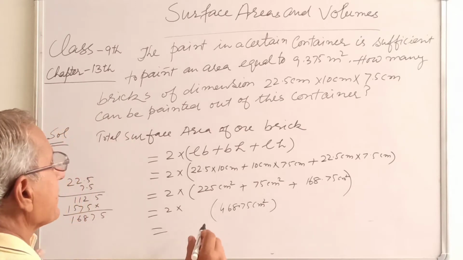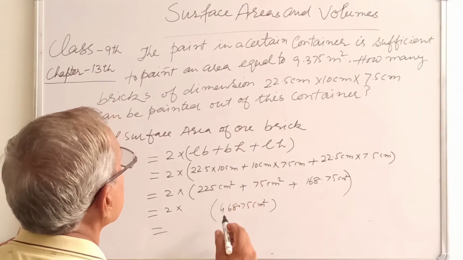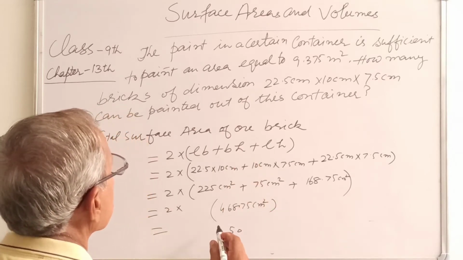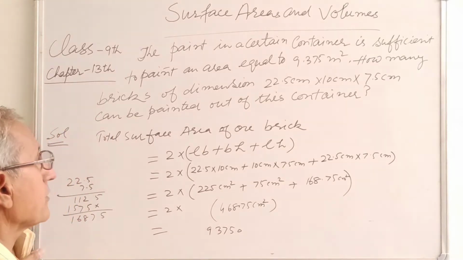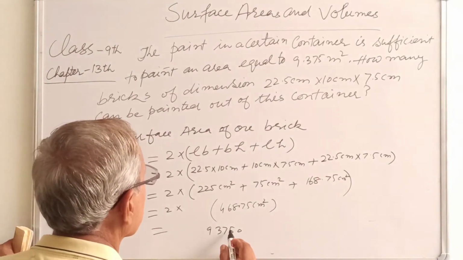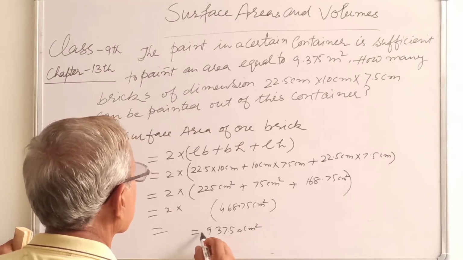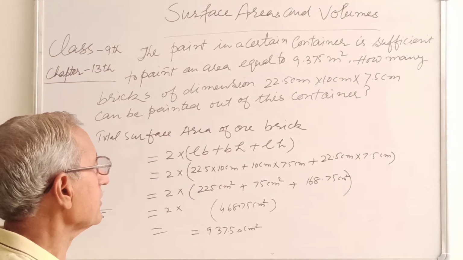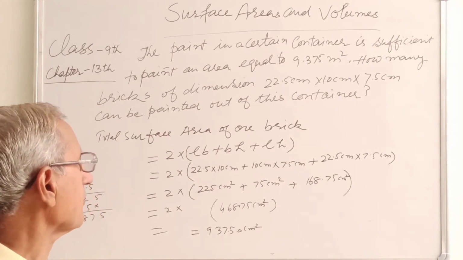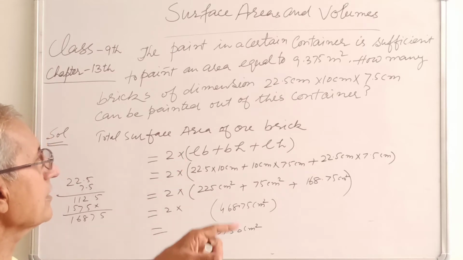So multiply by 2, that will be 937.50 centimeter square. 937.50 centimeter square will be the surface area of one brick.